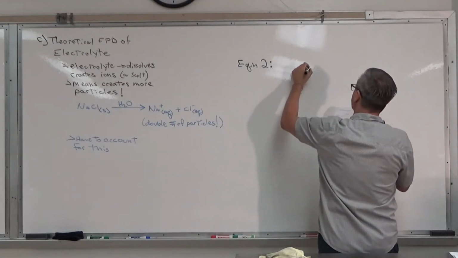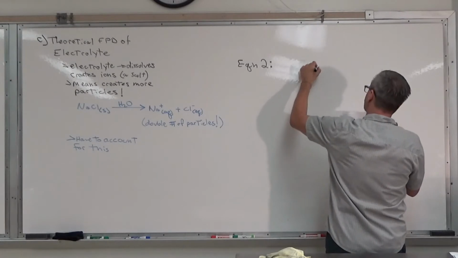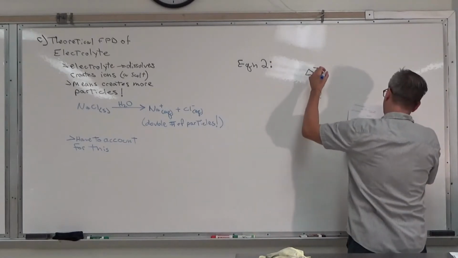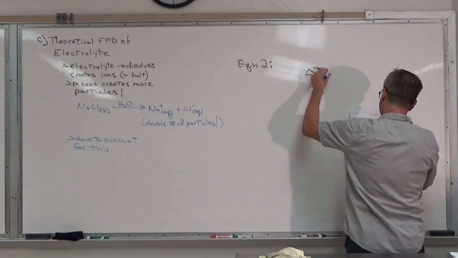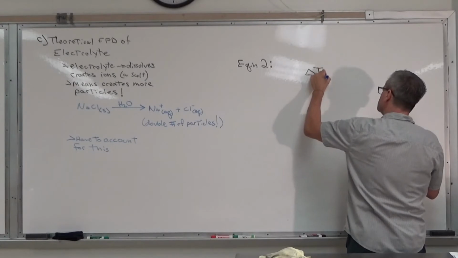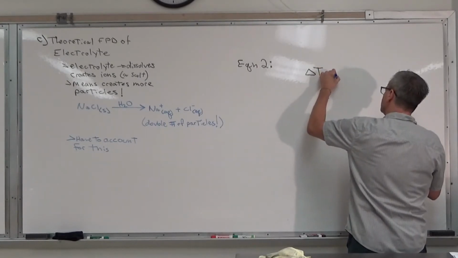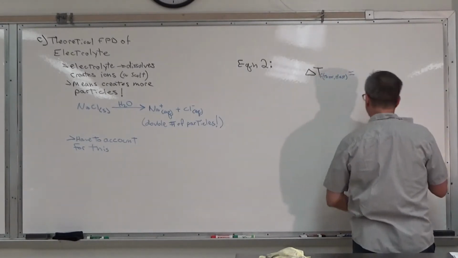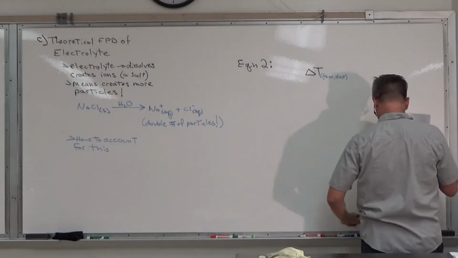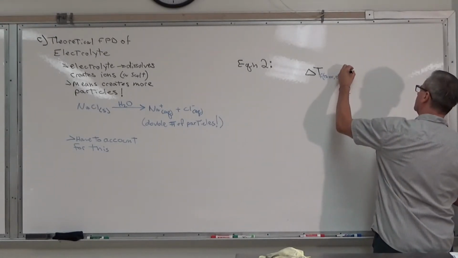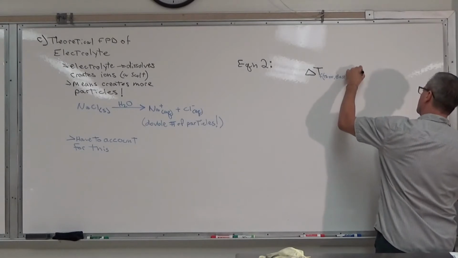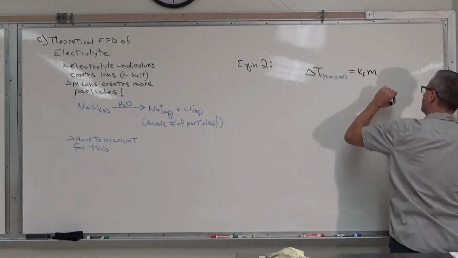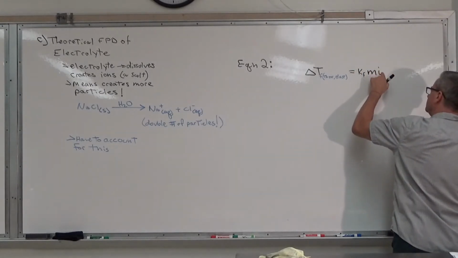Delta T, and it's freezing point depression, but let's put in parentheses to remind ourselves this is theoretical and this is for electrolytes. Same constant given your solvent, okay? Molality, and then i, okay?